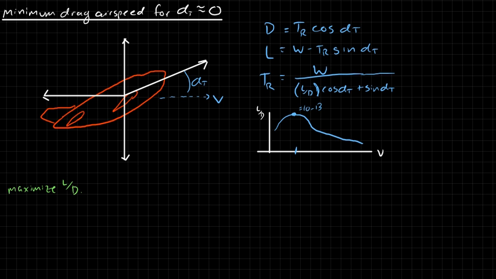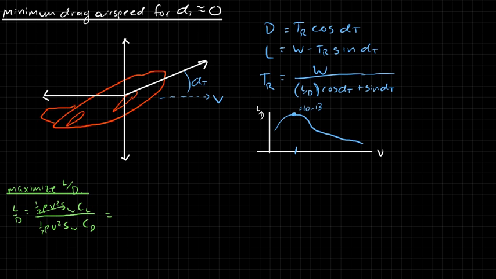All right, so the way we do this is first we want to find an expression for L over D. And this is really easy to do because L over D, as the name implies, is just the lift divided by the drag. So we have L over D equals 1/2 rho v squared S_W C_L over 1/2 rho v squared S_W C_D.